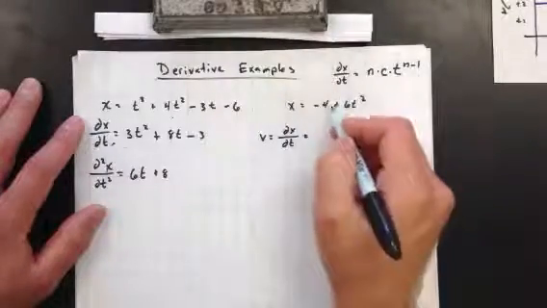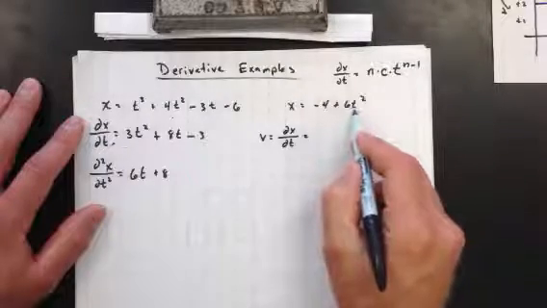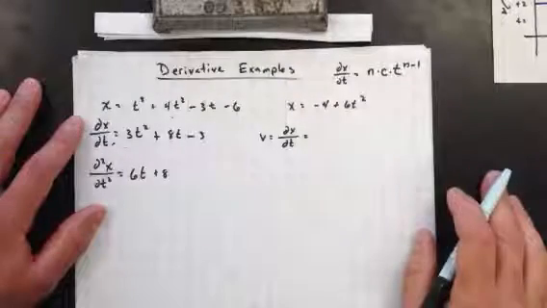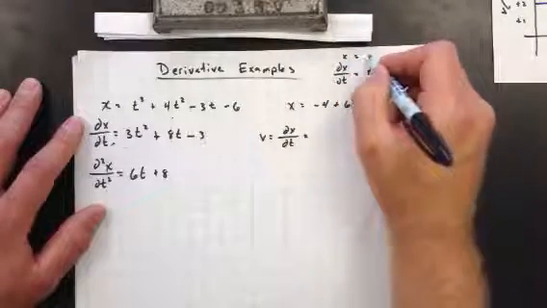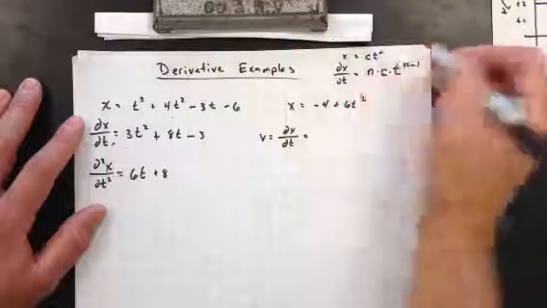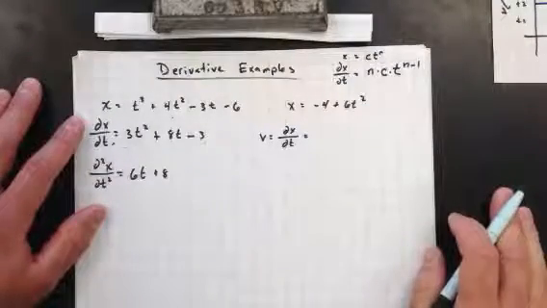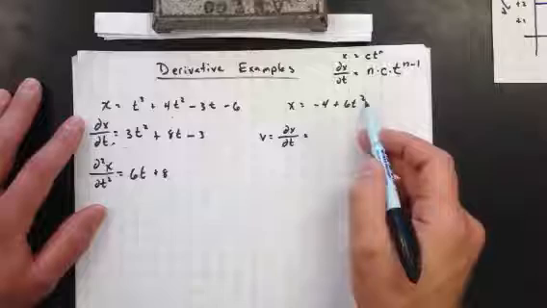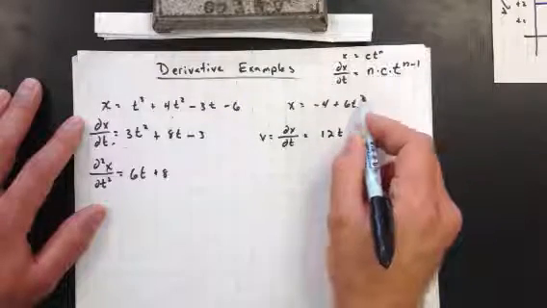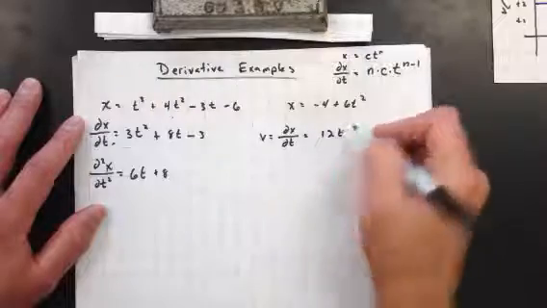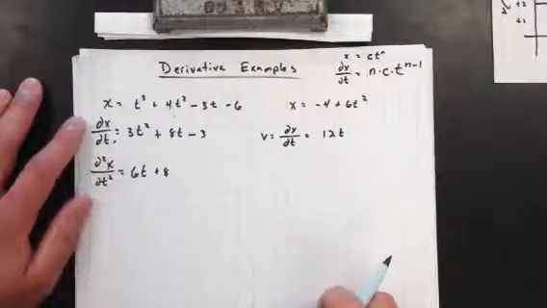And if it doesn't have a t, it's going to be 0. 6t squared. Okay? And remember that x is ct to the nth power. That's what this is. So 2 times 6 is 12. T to the 2 minus 1 is 1. So the velocity function is 12t.